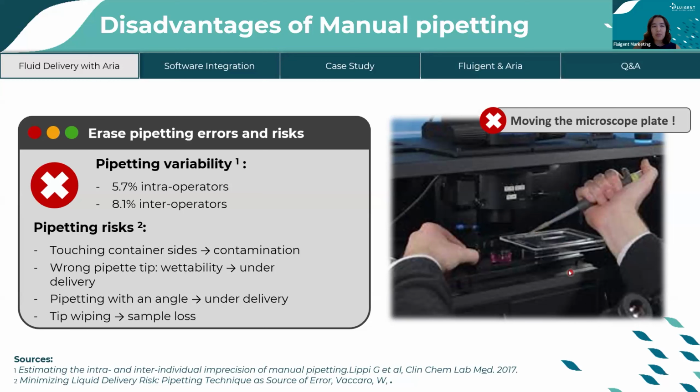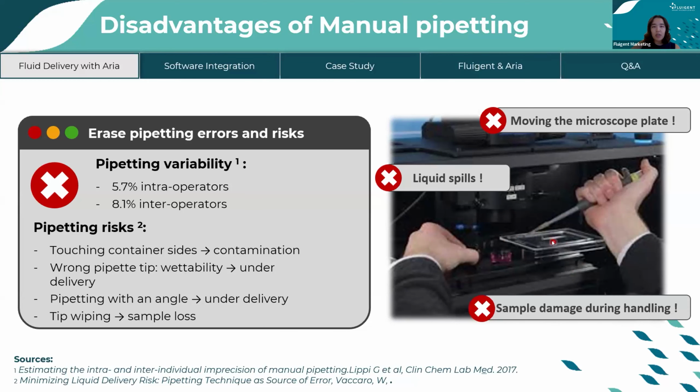A major problem on stage with live cell experiments is also liquid spills and sample damage during handling. And liquid spills can be very problematic when you're working with expensive objectives, etc.